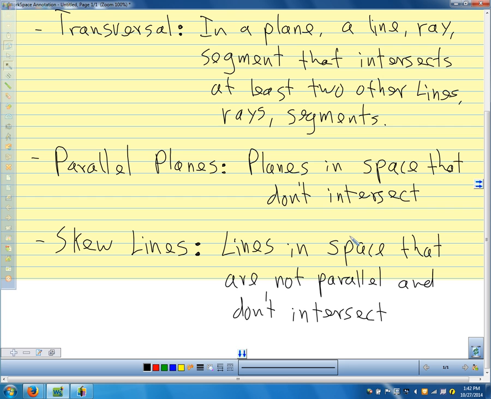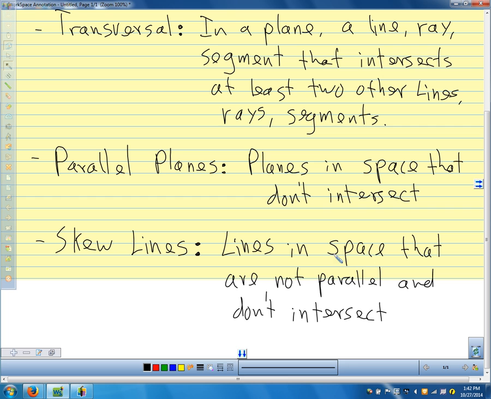They're not parallel, but they don't intersect. The upstairs main hallway and the downstairs C-wing hallway. Not parallel, but don't intersect. People walking in the two hallways are not going the same direction, so they're not parallel, but they're never going to run into each other. They're never going to intersect. So those would be examples of skew lines. And skew lines have to be in space.